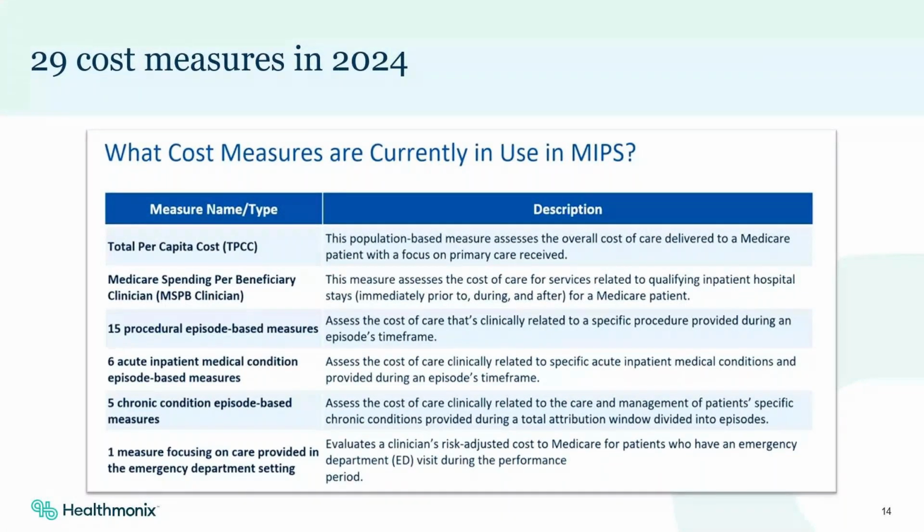And then the chronic condition measures and the emergency care measure are newer ones. Those focus on, obviously chronic is about depression, lower back pain, and things that can affect a patient over a long period of time. And then the emergency department is focused on a single occurrence of an ED visit.